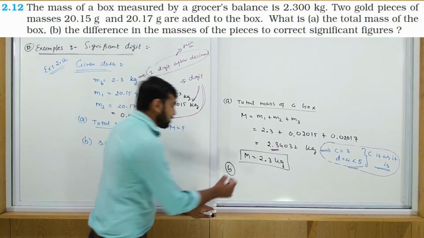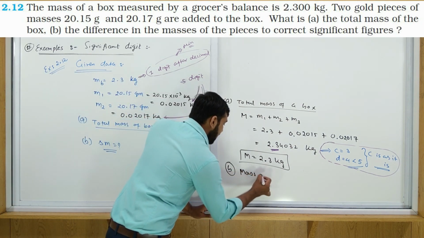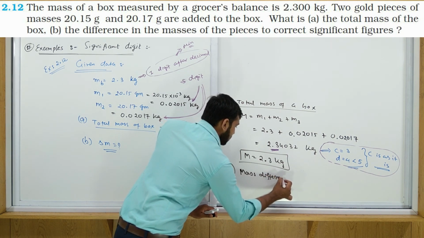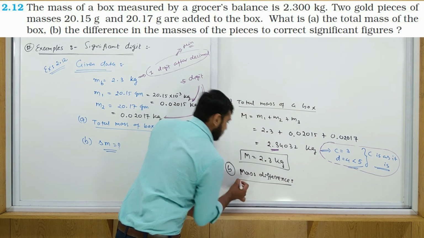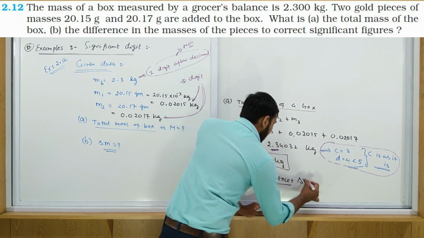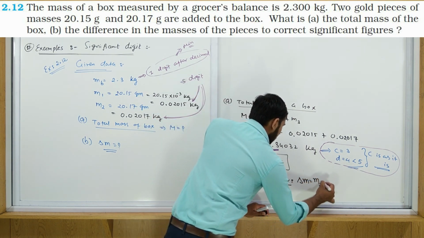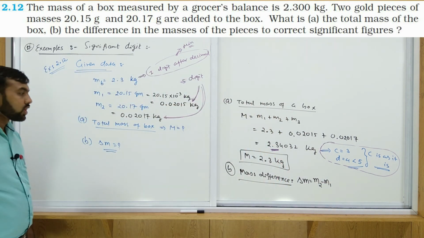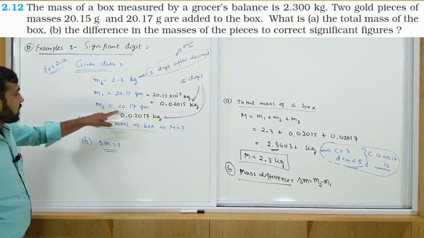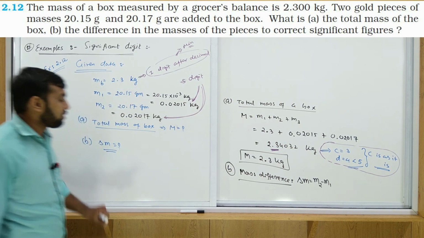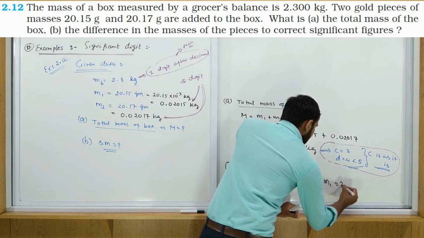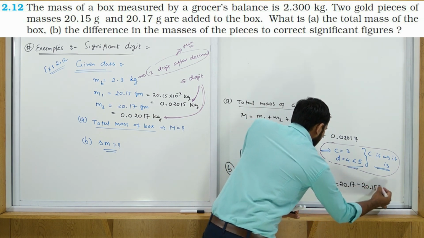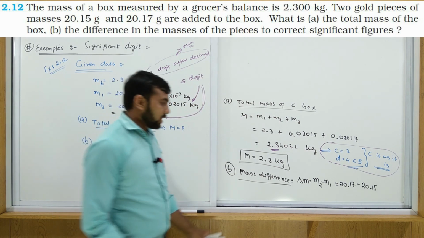And the second problem: what is delta M in this case? Delta M, the mass difference. Delta M is equal to M2 minus M1, which means 20.17 minus 20.15. So you just get this answer.